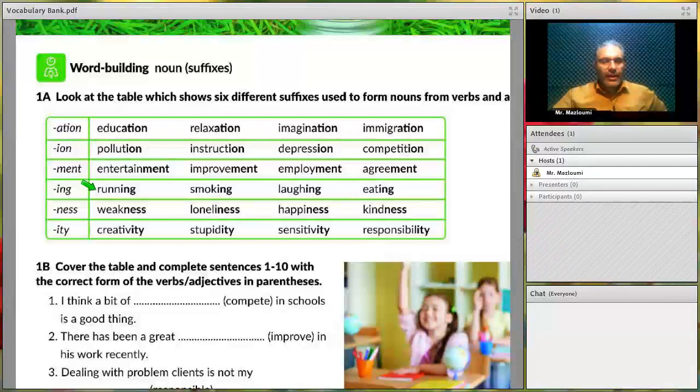Running. Well, everyone, don't say running. No, this is wrong. Running.